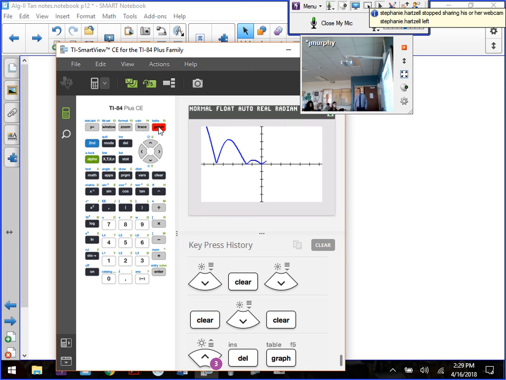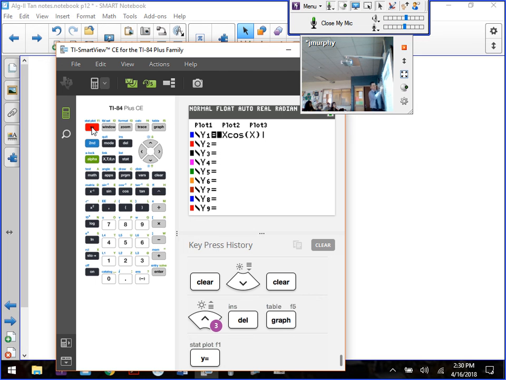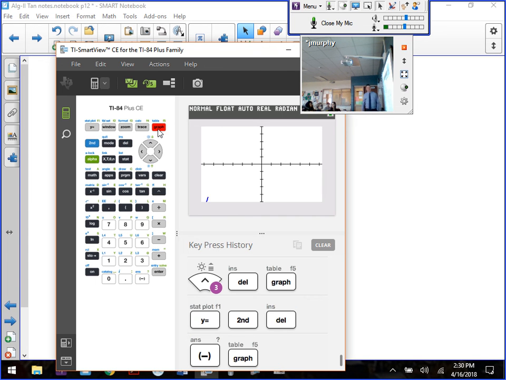Watch this. It's the absolute value of the function x times the cosine of x. Watch what happens when you make it negative. It's a bat. It's Batman.